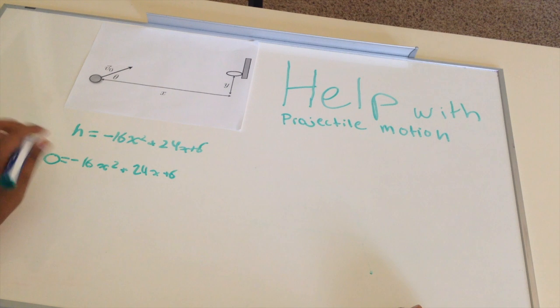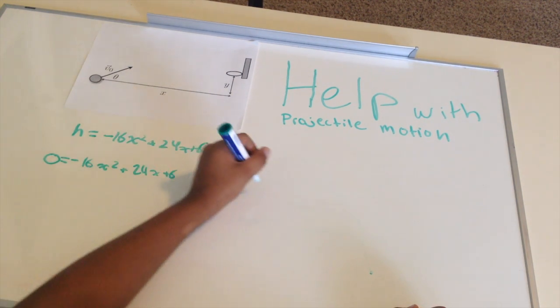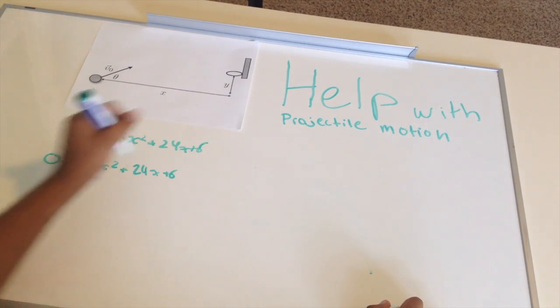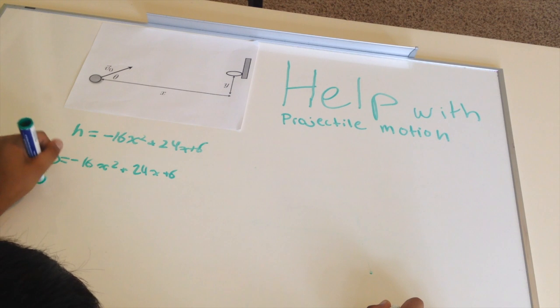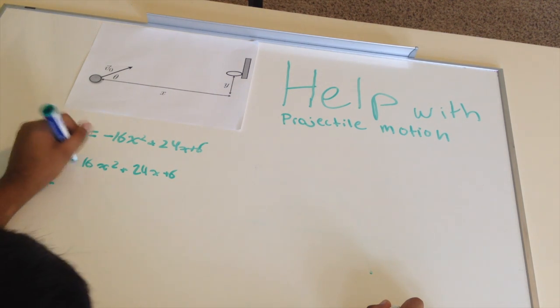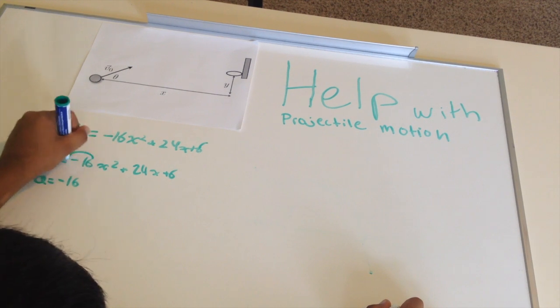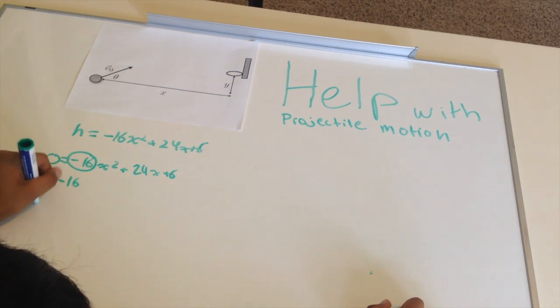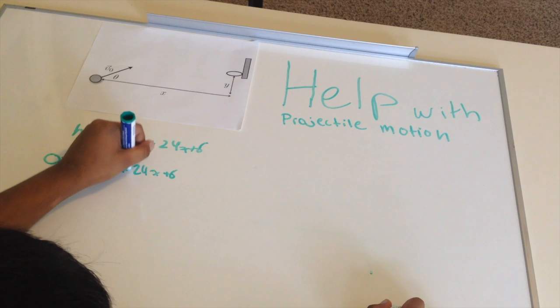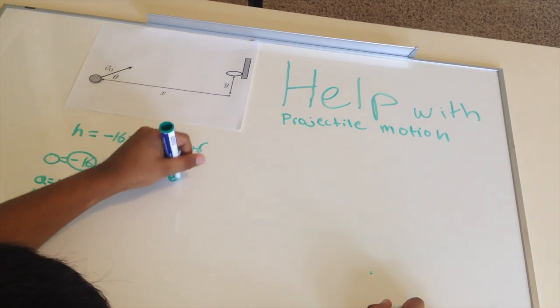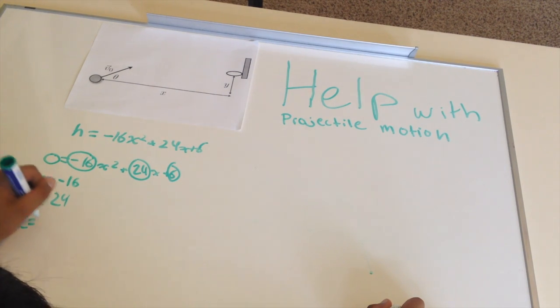Now we're going to plug this into the quadratic formula. So first, a equals negative 16, b equals 24, and c equals 6.